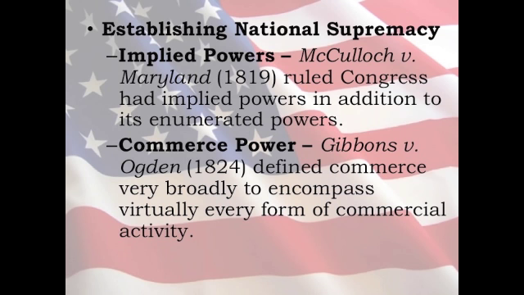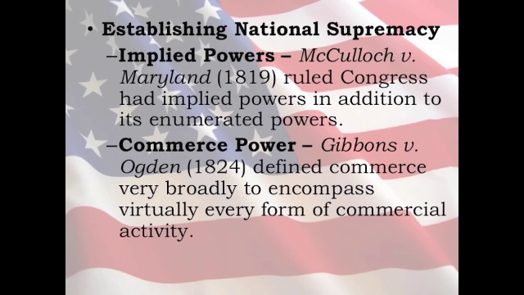Establishing national supremacy. 4 key events have largely settled the issue of how national and state powers are related. The McCulloch v. Maryland case, the Supreme Court's interpretation of the Commerce Clause, the Civil War, and the Civil Rights Movement.